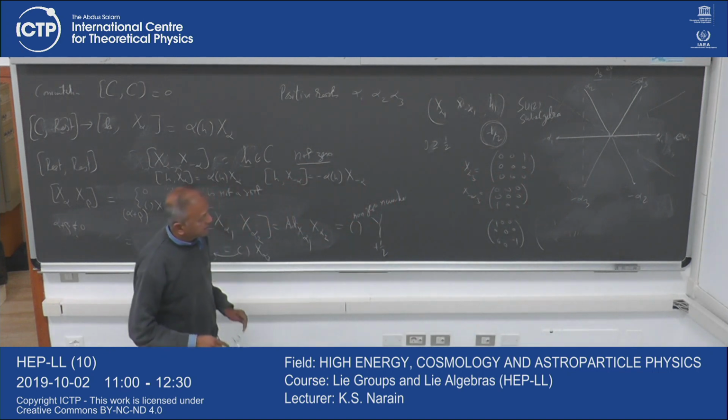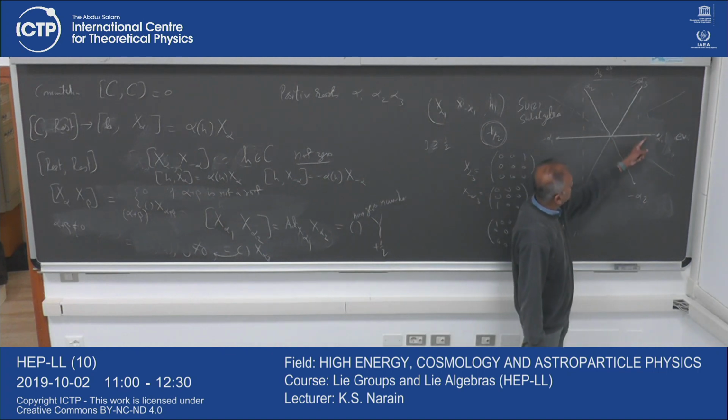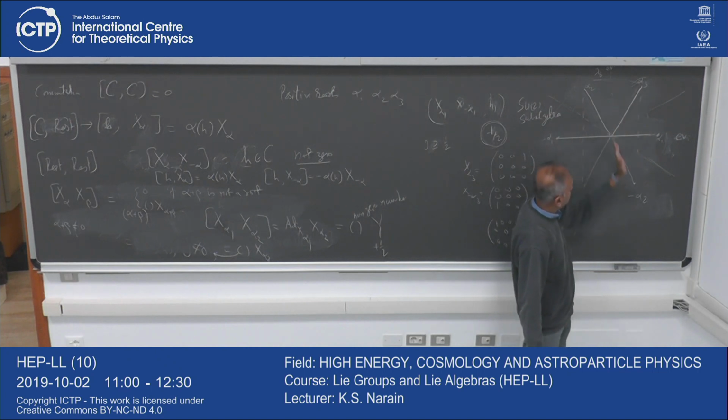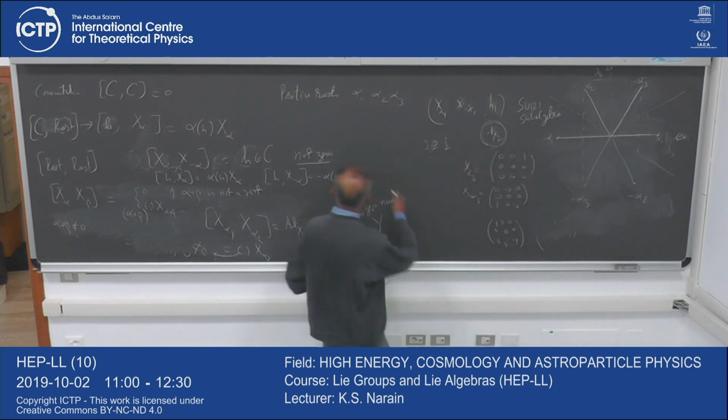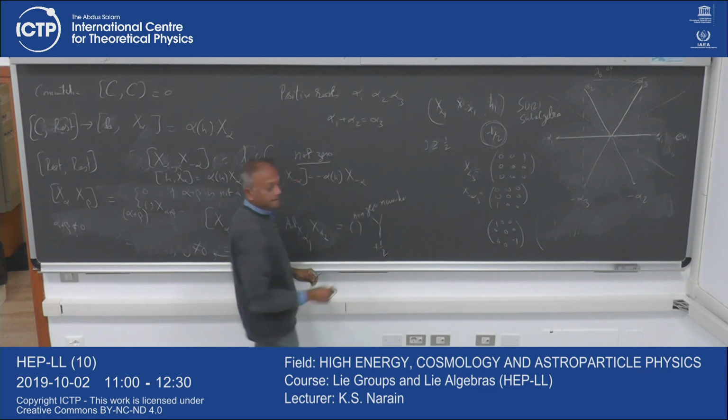Here again is a curious fact. If I stay within the set of positive roots, alpha 1 plus alpha 2 is equal to alpha 3.